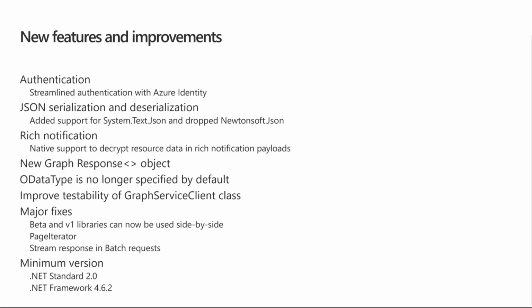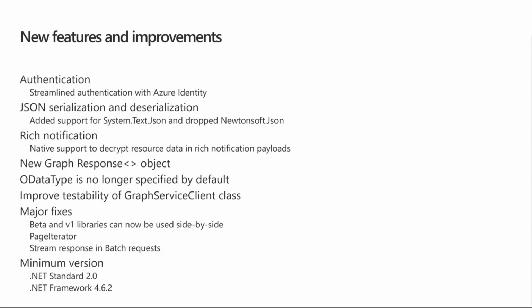We also did a bunch of cleaning. For example, the SDK now also produces the GraphResponse object, giving easier access to response information like headers and status codes, removing this information from the additional data property, allowing users to have a better experience and better performance during the deserialization of the response payload.